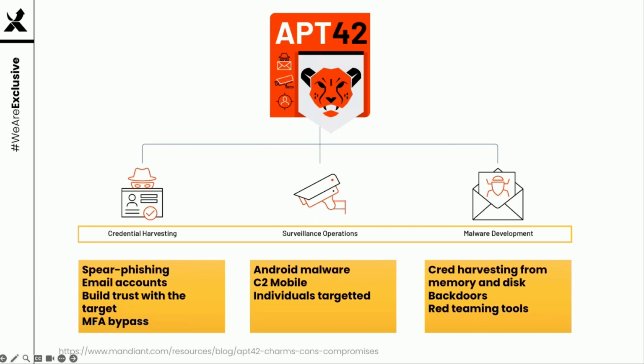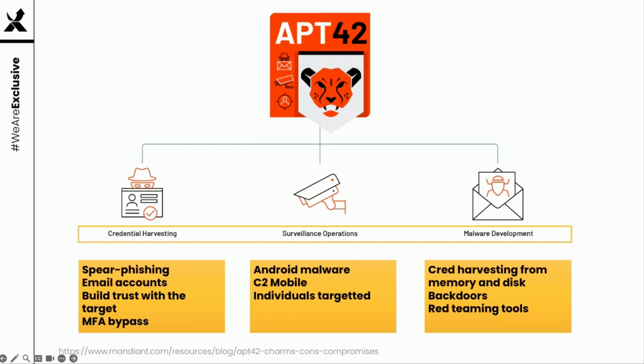They compromise email accounts, they install backdoors, they do credential harvesting, etc. So they do use malware, but they try to stay under the radar. They are a very complex APT group. They were analyzed by Mandiant last year. There's a Mandiant report on this, or a blog post, where you can actually see what they're doing.